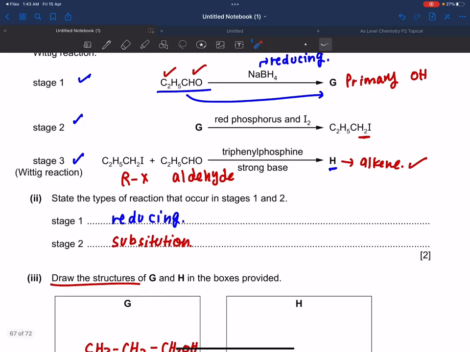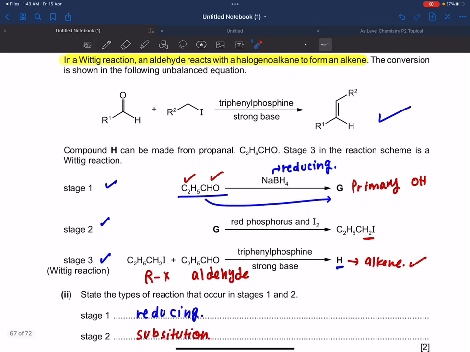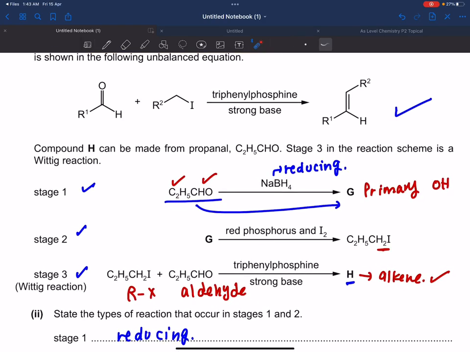So what are our R1 and R2? Look, this is a carbon atom here, and then the rest of it is R1. How many carbon atoms are there in the aldehyde? There are 3 carbon atoms: 2 here, 1 here. So 1 is here and 2 must be in R1.